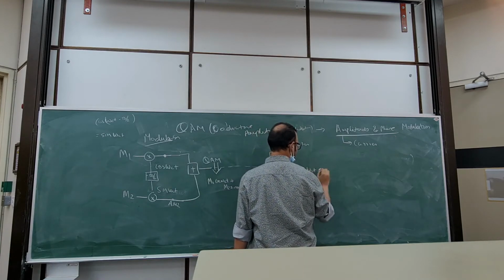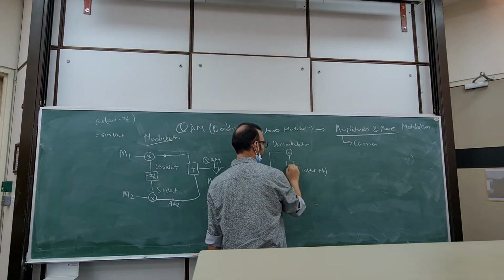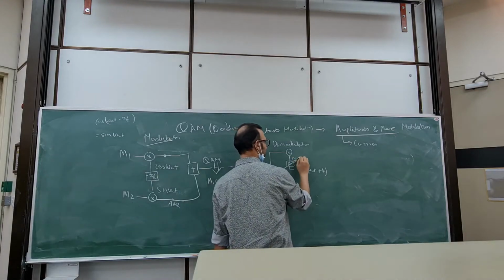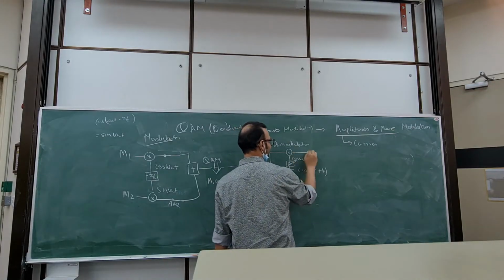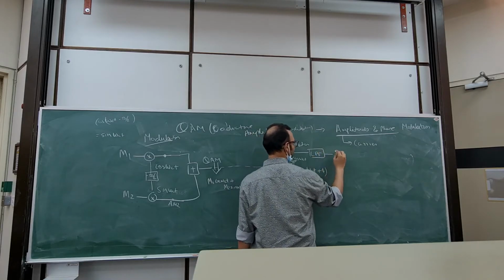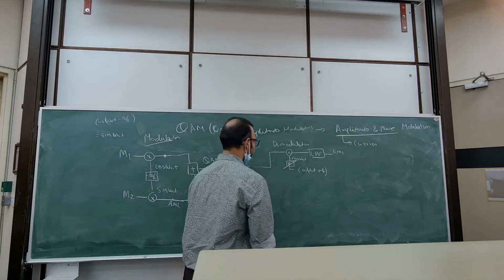Say there is a phase shift, so what will you do? You use a phase shifter to fix the phase, so that you have cosine omega ct. Then this goes through a low pass filter, and this becomes a scaled M1.